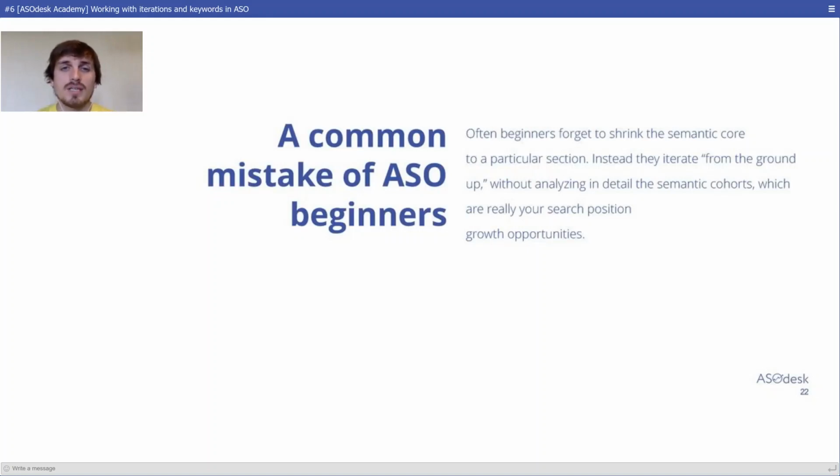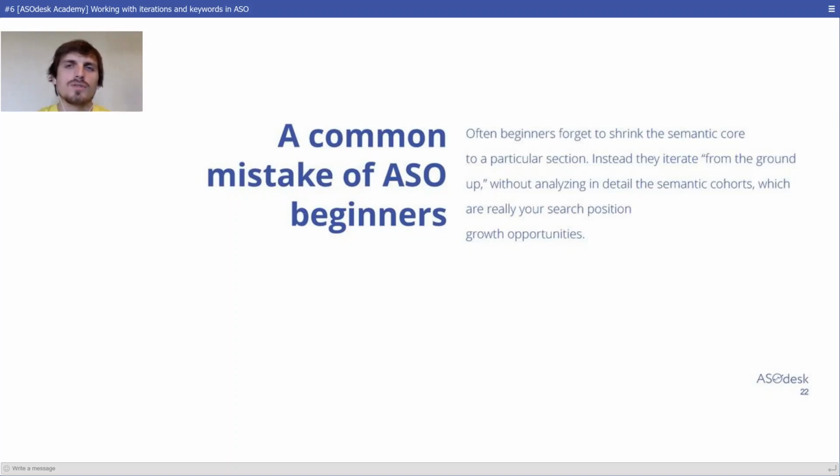A common mistake of ASO beginners, I mentioned this in the previous lecture. I just want to outline it one more time, just to be sure you are aware of this mistake: beginners often forget to shrink the semantic core to a particular cohort. Instead, they iterate from the ground up.